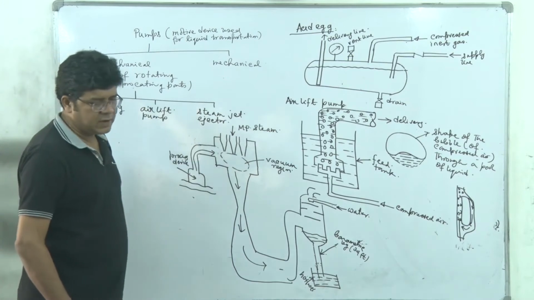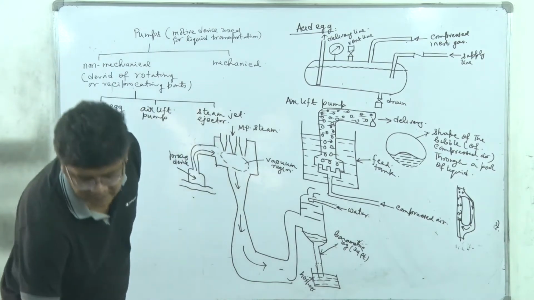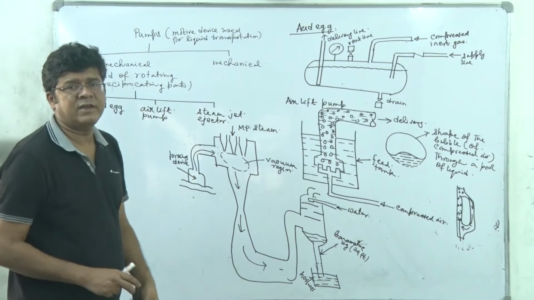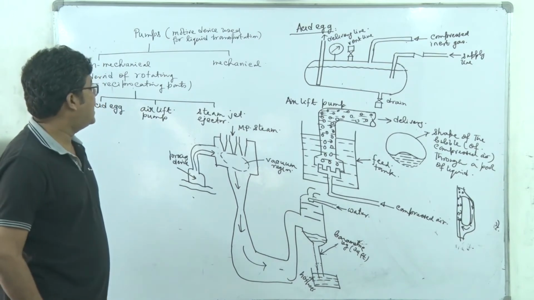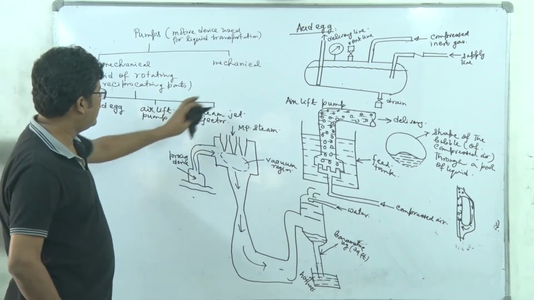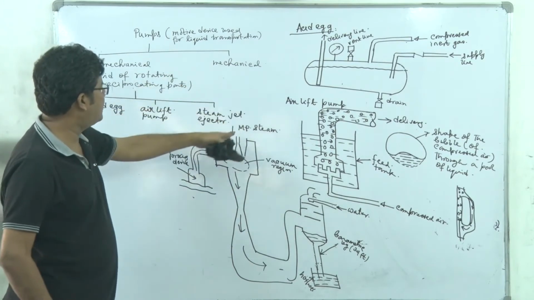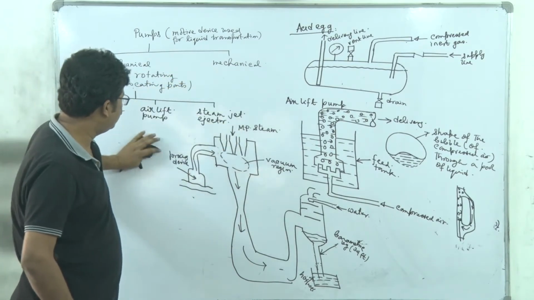Now coming back to the mechanical pumps, we have to understand that there are again majorly two classifications: one is the dynamic pump, another is the positive displacement pump. So I am erasing this part in order to further extend this tree diagram.